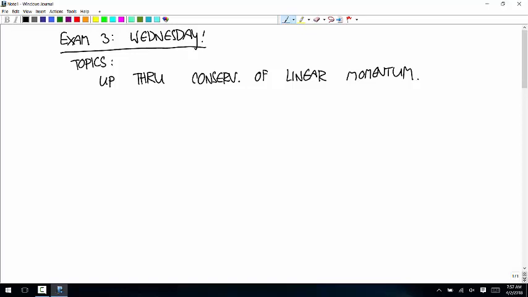All right, so there are two kinds of problems with conservation of linear momentum.